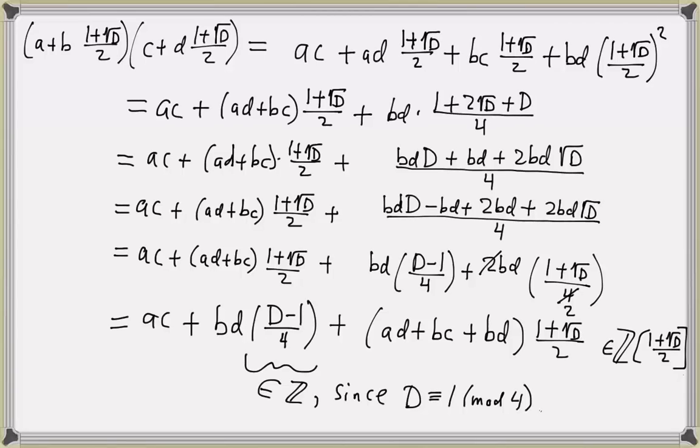So we see that indeed this set Z adjoin (1 plus square root of D)/2 is actually closed under multiplication. And then the easy parts, showing it's not empty and closed under subtraction, combine to show that this is actually a subring of Q adjoin square root of D.